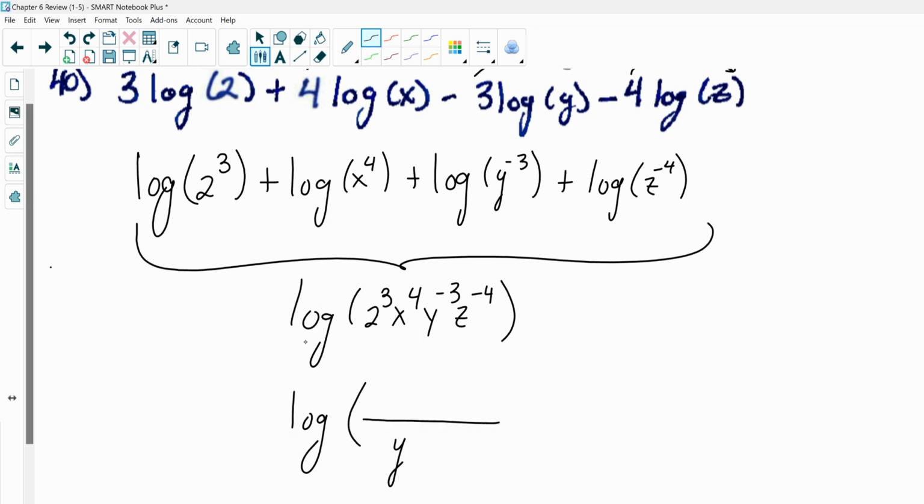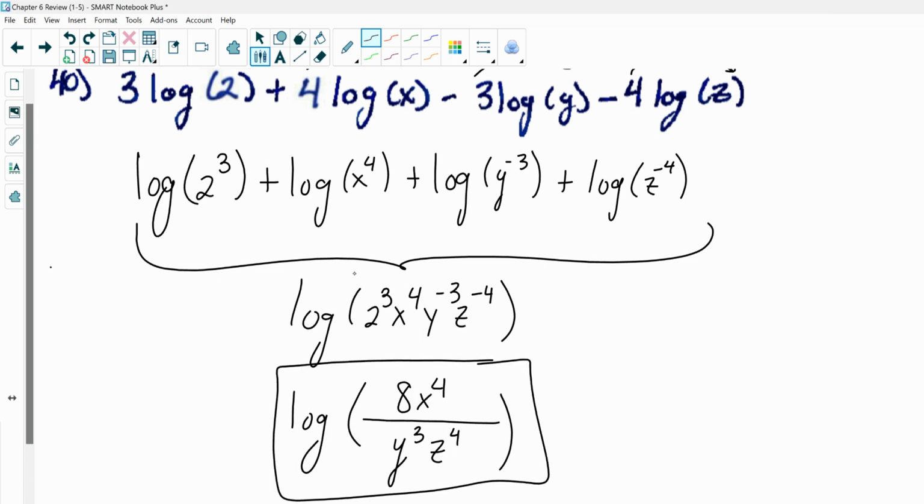So y needs to go to the bottom, z needs to go to the bottom of the fraction, because again, their exponents are negative. 2 to the third is what? 2 to the third is 8. Since again, that is a nice number, we can simplify it to 8.